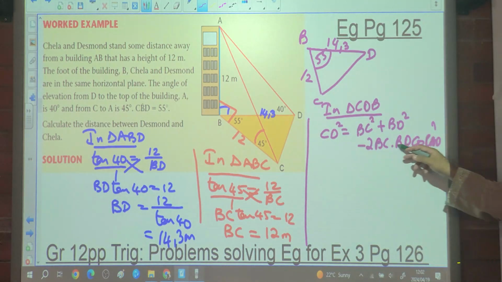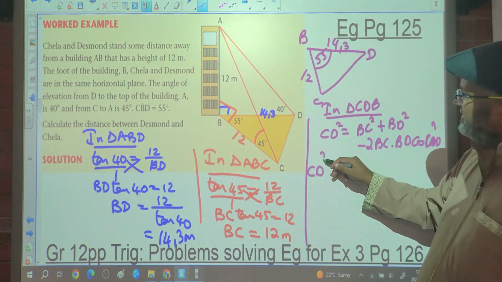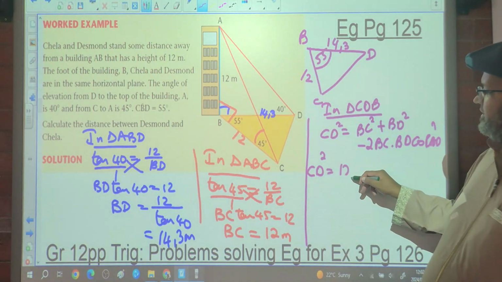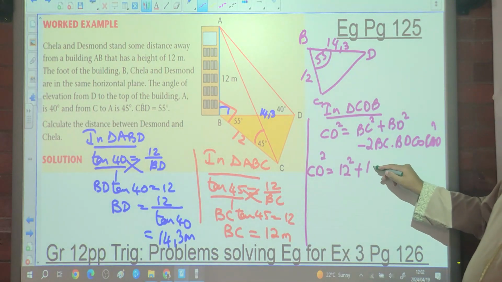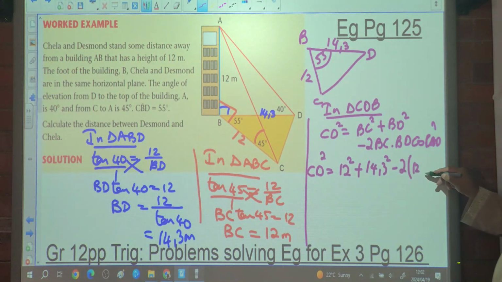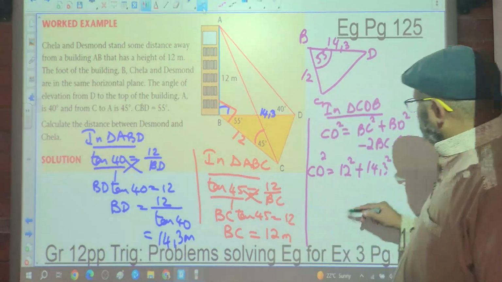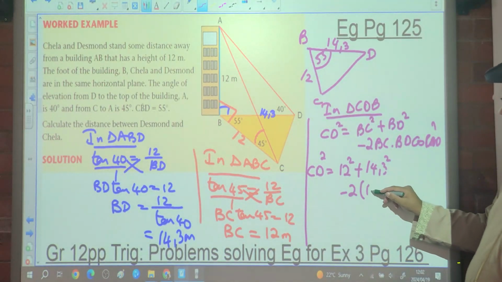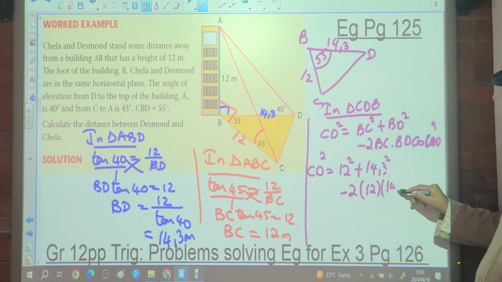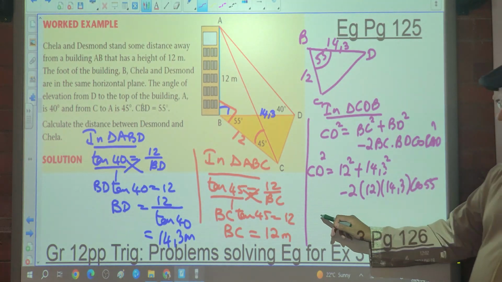Do I have to write it out like this? No. Okay. But let's go. We've got CD squared equals 12 squared plus 14.3 squared minus 2 times 12 times 14.3 cos of 55.